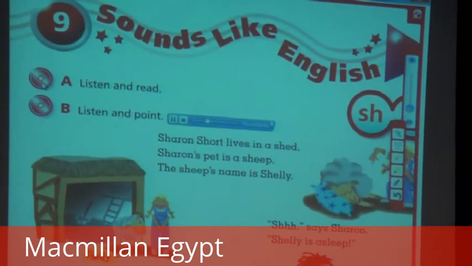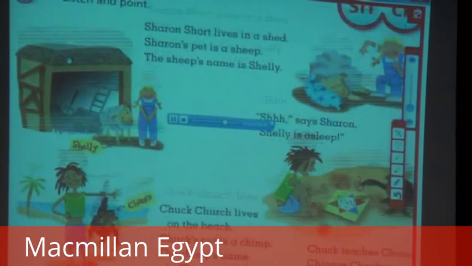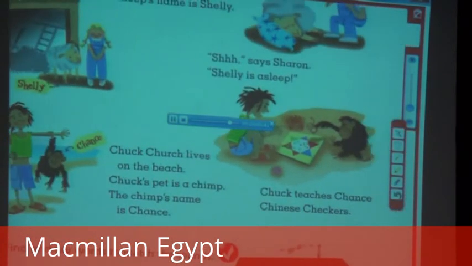Sharon's pet is a sheep. The sheep's name is Shelley. Shh, said Sharon. Shelley is asleep. Chuck Church lives on the beach. Chuck's pet is a chimp. The chimp's name is Chance. Chuck teaches Chance Chinese checkers.